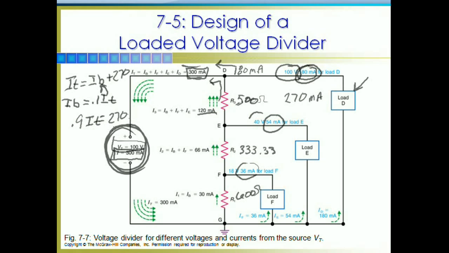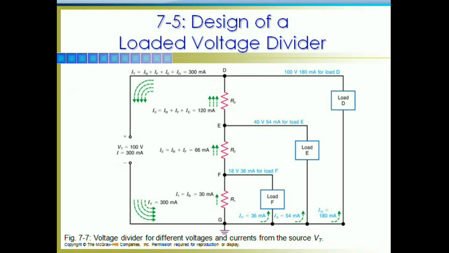So 270 divided by 0.9. Oh, got to get my mouse working again here. 270 divided by 0.9 equals 300 milliamps.